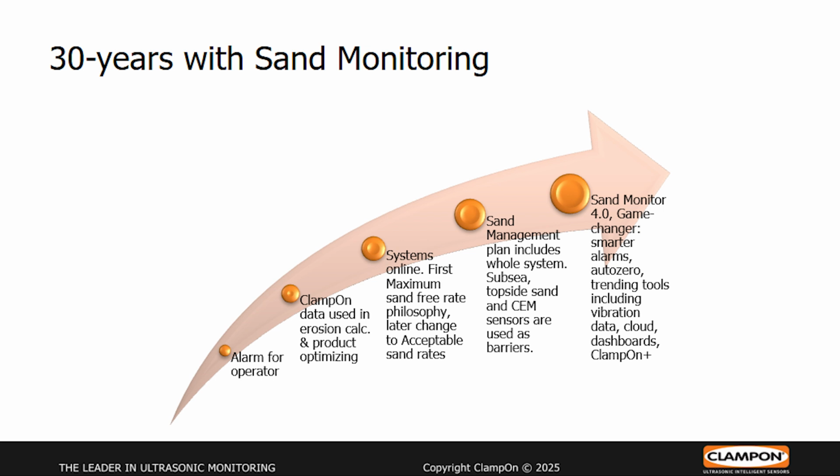They started with the concept of acceptable sand rate, and then they also saw that by having control of the whole process system on a platform, following the sand from the reservoir, with a subsea sensor, then on a header maybe, or on the riser topside, and also the inlet of the separator, and by having these sensors in the same software, we could actually trace the sand in the whole system to ensure that you keep the sand rate and erosion under a given level, so you avoid downtime.